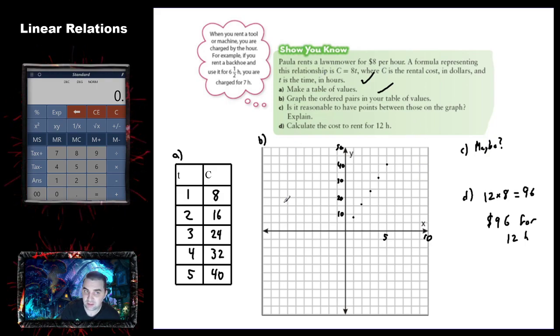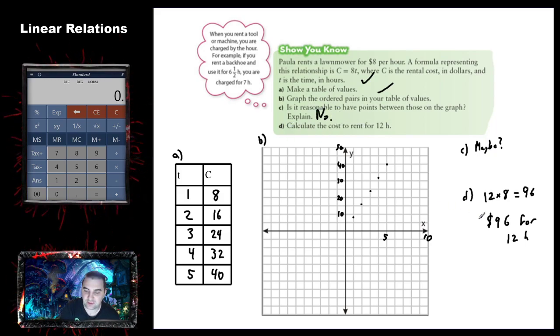So realistically, the business probably charges you per hour, just like it says here. So in that case, it doesn't make sense, because if you use something for 2 3/4 of an hour, they'll charge you for 3 hours. They're not going to prorate it for you. So it doesn't make sense, but it kind of does too. But in this case, I would say maybe, but for the fact that it's a business, I would say no.